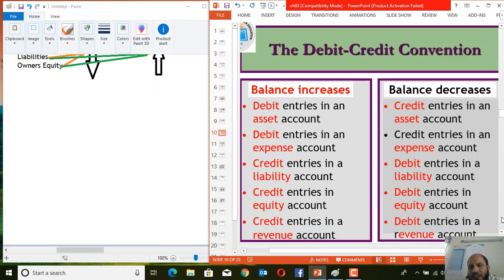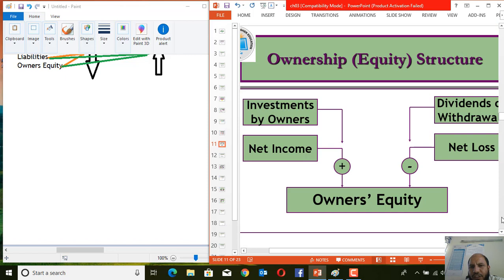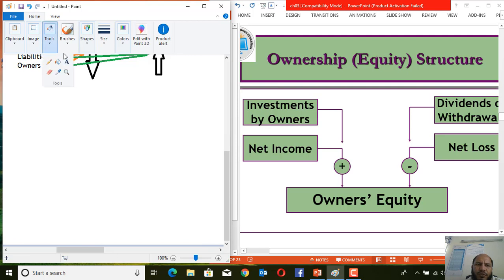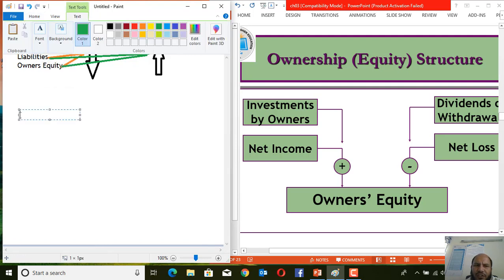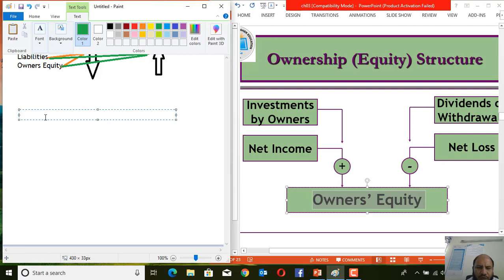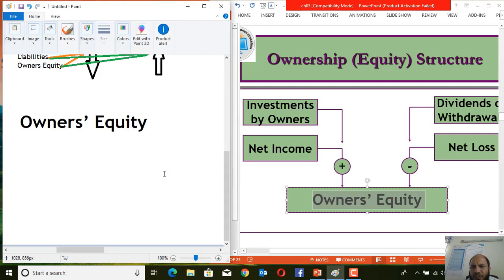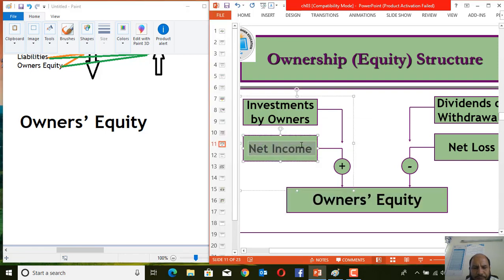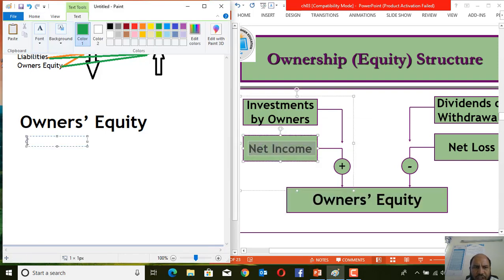Okay dear students, the next discussion is about the ownership or equity structure. It's also important that we know the structure of owner equity and the components involved in it. Dear students, we have the owner equity, but this owner equity is increasing through net income. If we add net income to it, it is increasing, that's one thing.